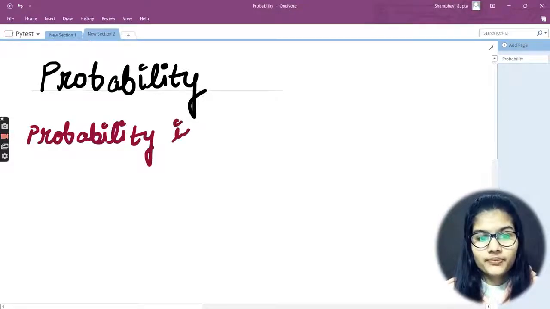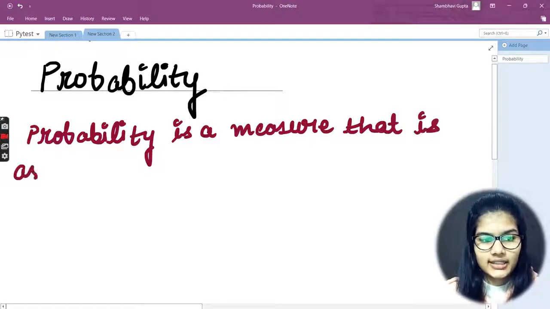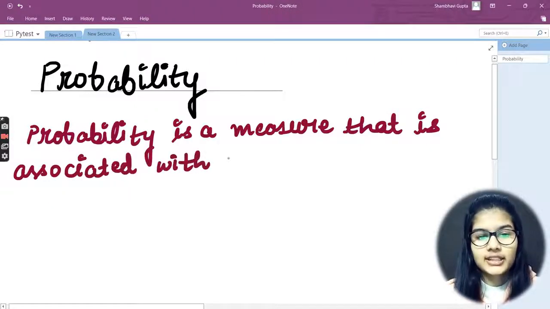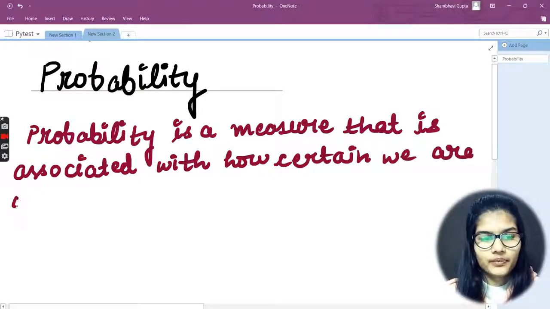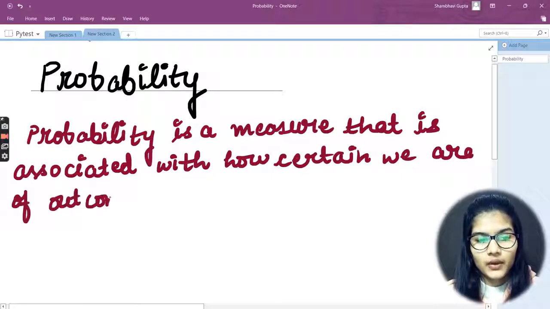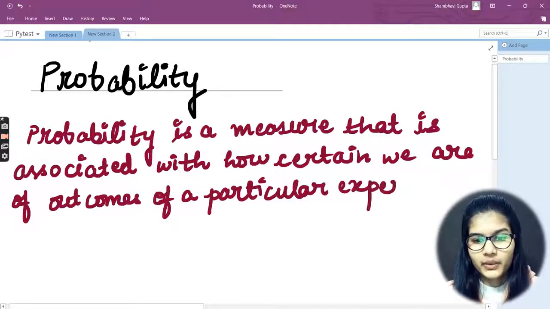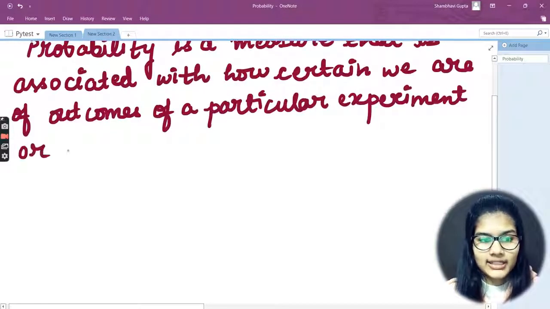So probability is a measure that is associated with how certain we are of outcomes of a particular experiment or activity.